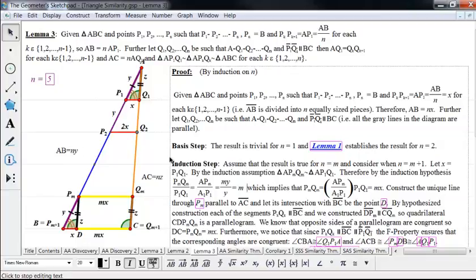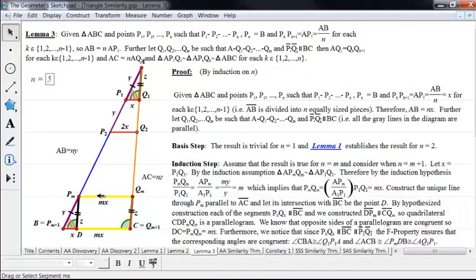So the distance from A to QM is m times Z, and also the ratio across the bottom is m times that one there. So it's m times X.